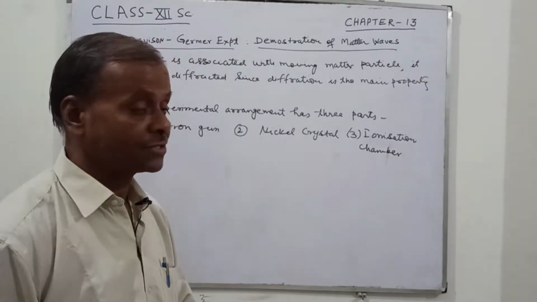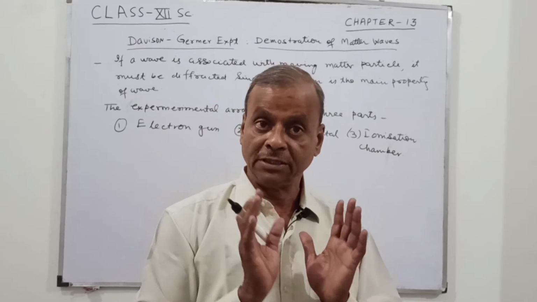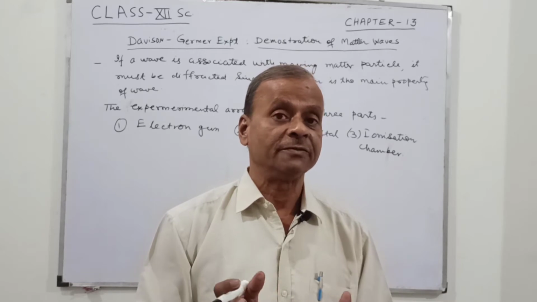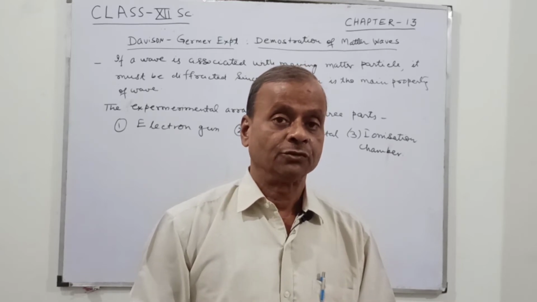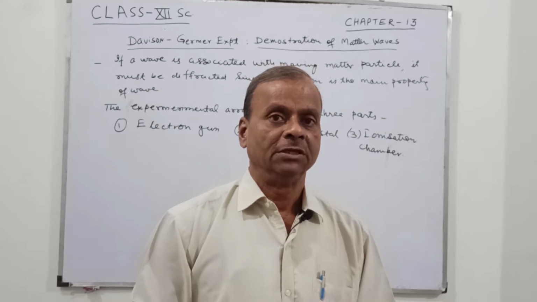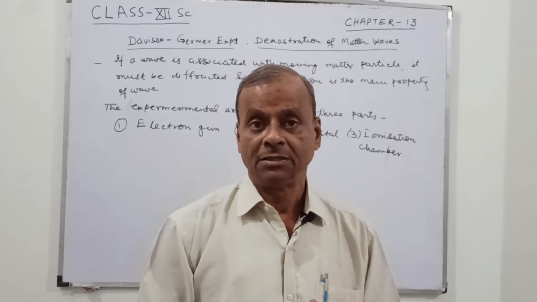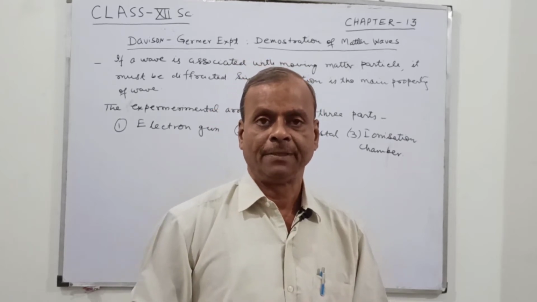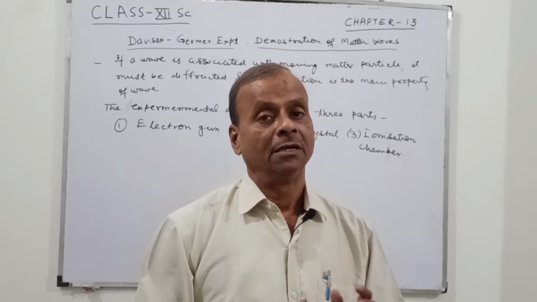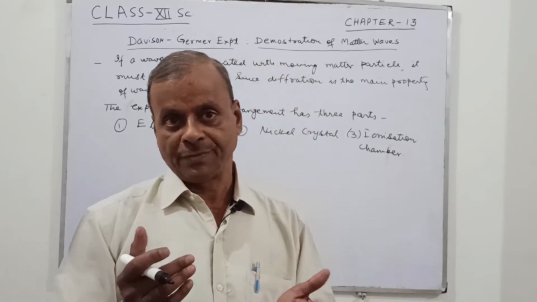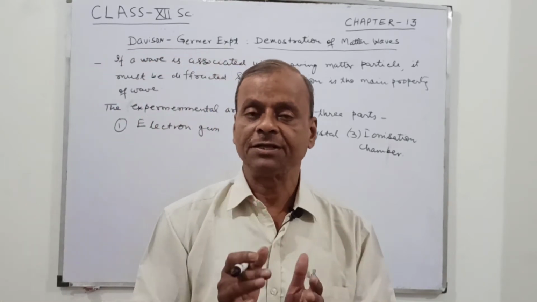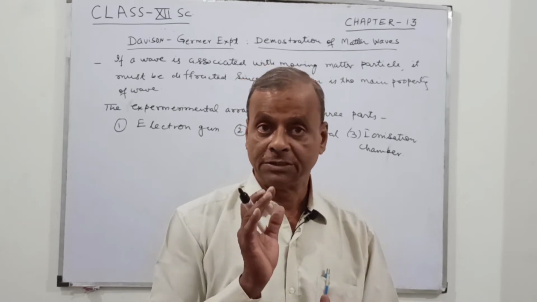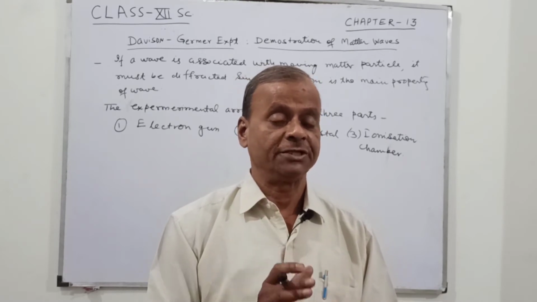Second is the nickel crystal. The electrons are moving, which means a wave is associated with them, so this must be diffracted by something. So here we use the nickel crystal. In the nickel crystal, the nickel atoms are regularly and periodically arranged, and the spacing between the atoms is of the order of the wavelength of the matter wave associated with the electron.